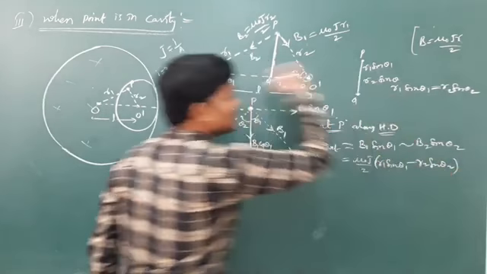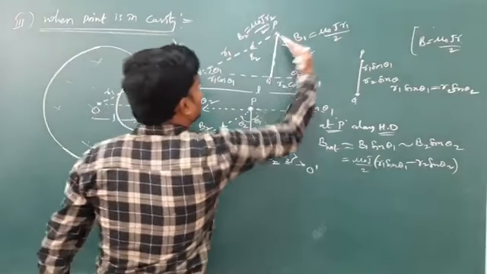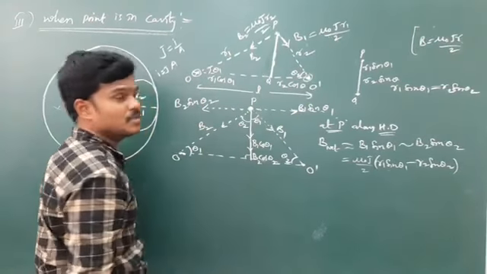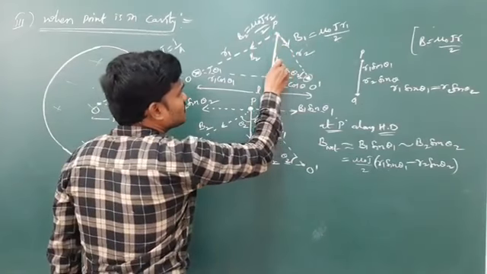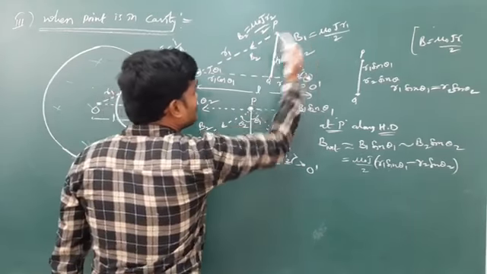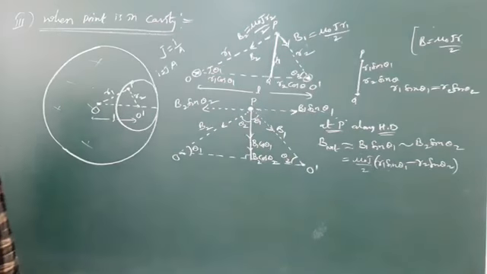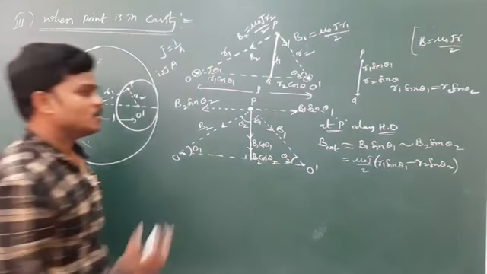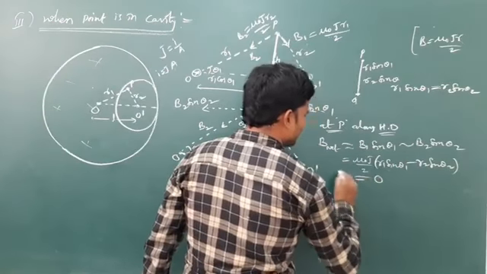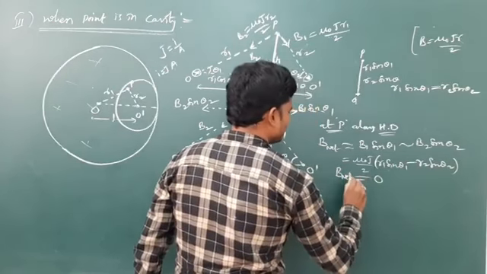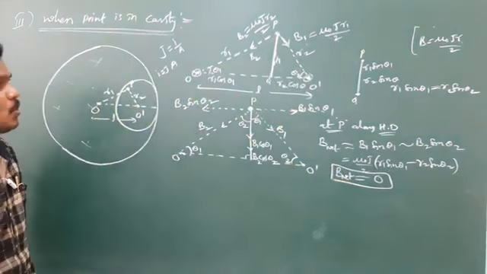From the given diagram, this height h is equal to R1 sin theta 1, and this h is also equal to R2 sin theta 2. These two are equal, so the net field in the horizontal direction becomes 0.